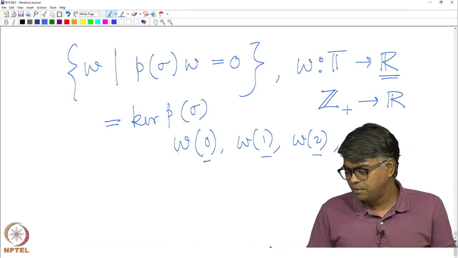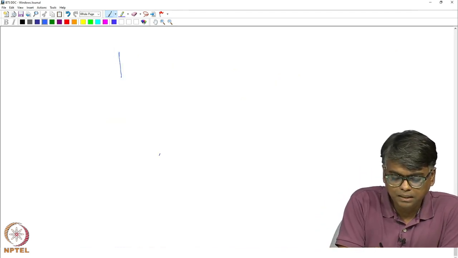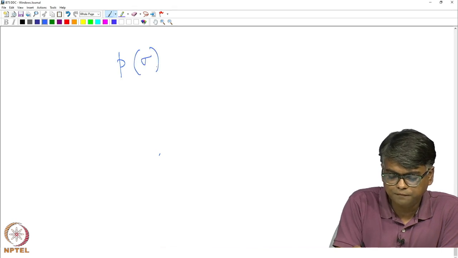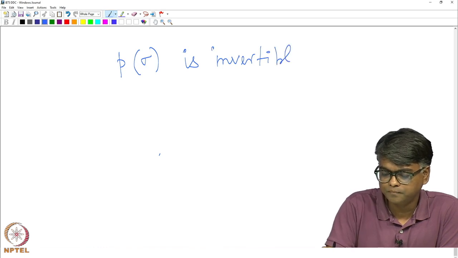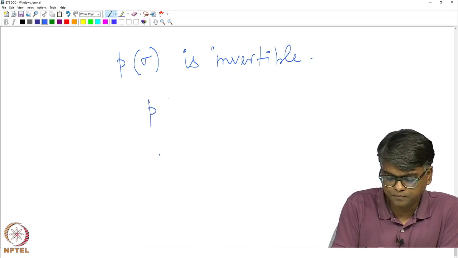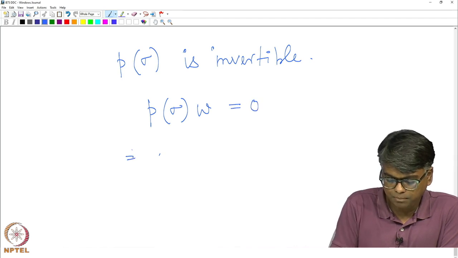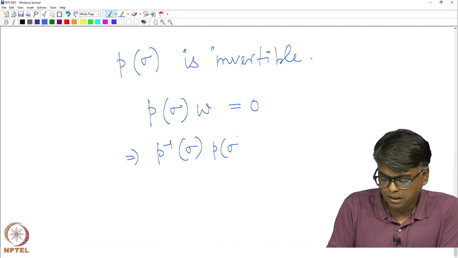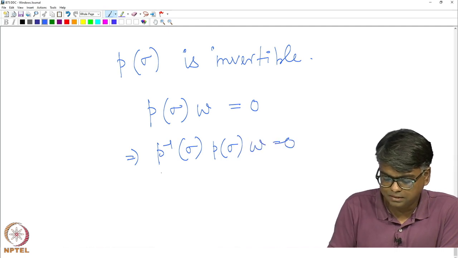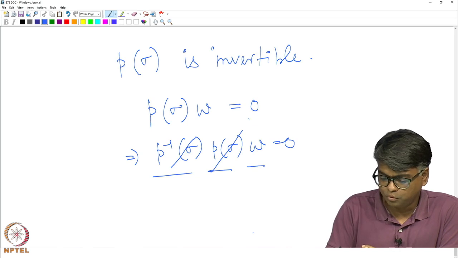Now notice, if sigma were invertible, then what would happen? For any P sigma, if the inverse is also a legitimate operator, then see what happens. P sigma w is equal to 0. I multiply by P inverse. Whenever P sigma w is 0, P inverse sigma P sigma w must also be 0, but that is equal to just w.